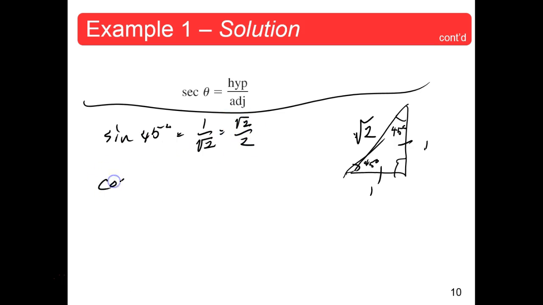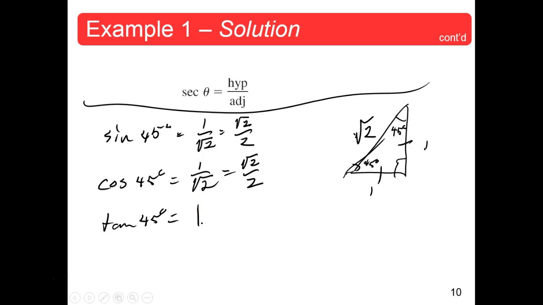And cosine of 45 would be 1 over root 2, which is root 2 over 2. And tangent of 45 is 1. It's the ratio of those two, which is exactly 1. That's what they asked for.